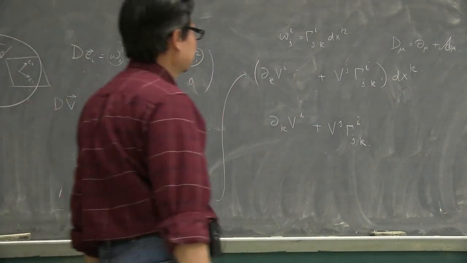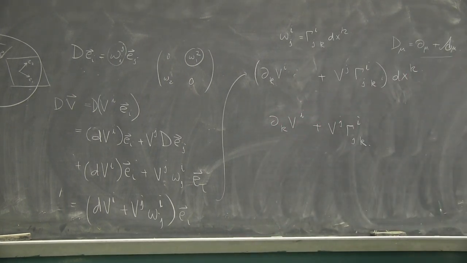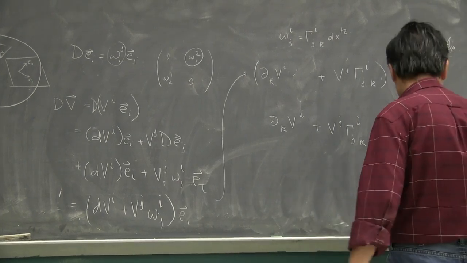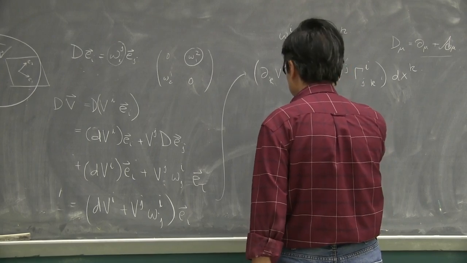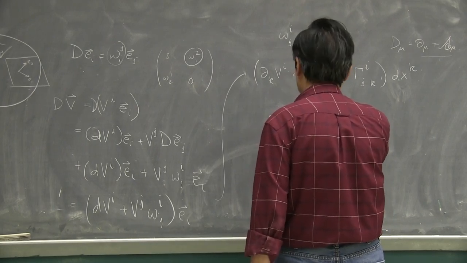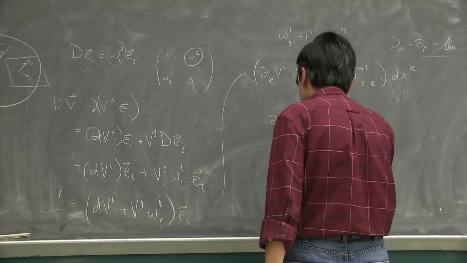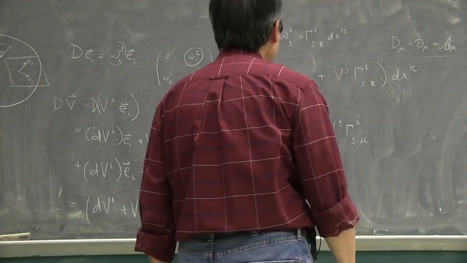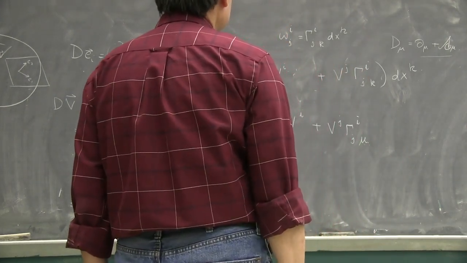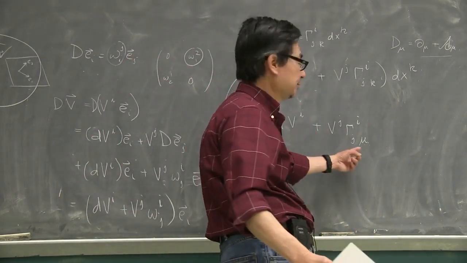Now that's beginning to look like this, right? So instead of k, let me write mu. Let me write Greek letters now, okay? Instead of k, let me write mu. So this is said to be the covariant derivative along the muth direction.